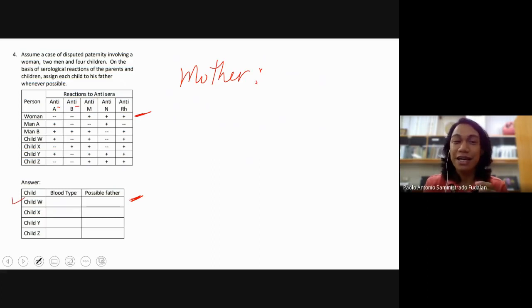So these are anti-sera, as written here, or anti-serum. You're familiar with the term serum from our SDS page. So this woman, apparently her blood doesn't react to anti-A, meaning she lacks the A antigen. And her blood also doesn't react to anti-B, meaning she lacks the B antigen. So if you lack both A and B antigens, you must be a type O. You are correct. What about in terms of MN? What is the blood type of the mother?